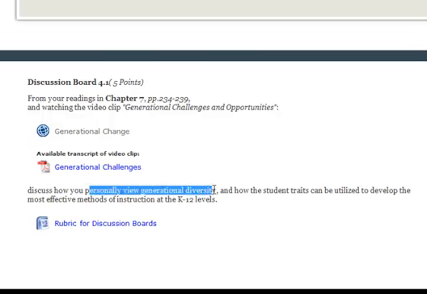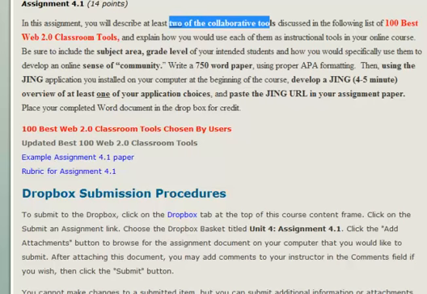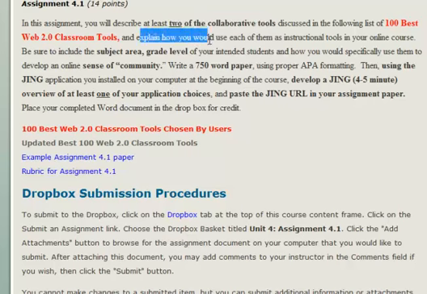They have to choose 2 of those tools, and then explain how they would use each of them as instructional tools in an online course that they're teaching.